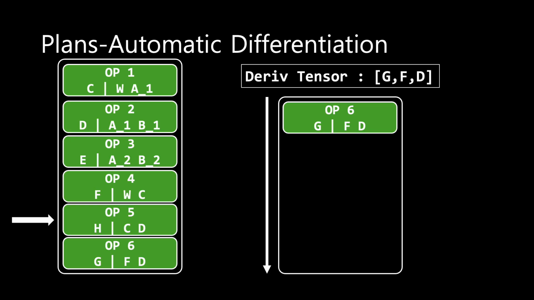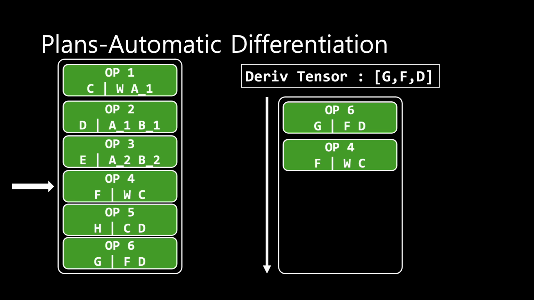Now, we go on to the next operation. OP5 has H as an upstream gradient, but H is not included in the deriv tensor list. We pass this operation and go to OP4. F is in the deriv tensor list, so we call the backward function of OP4 and add WC to the list.